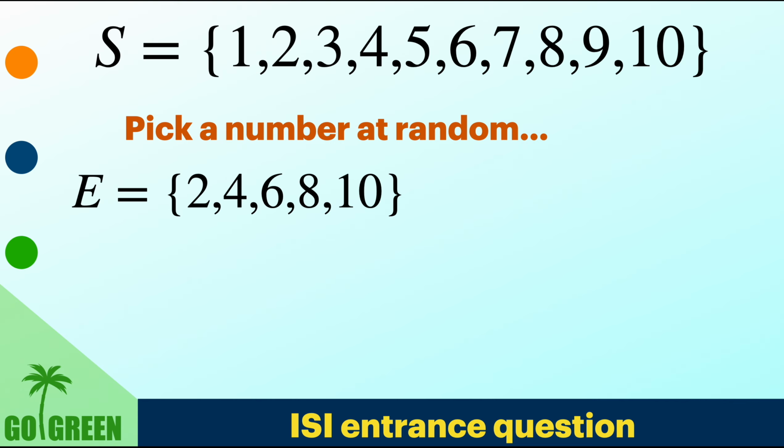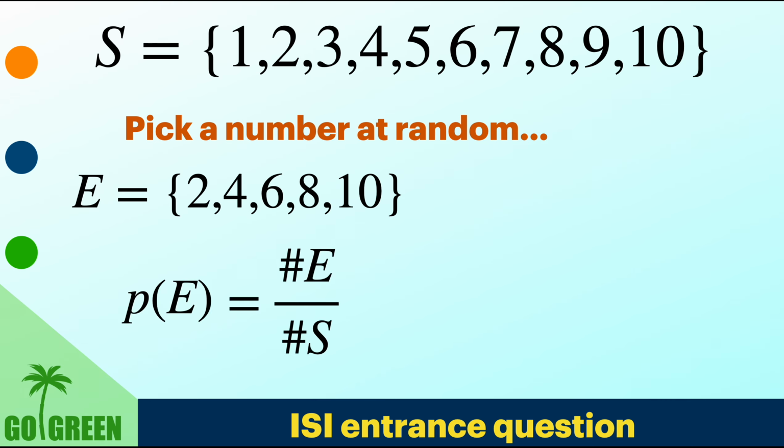So then, what is the probability of this E? The probability of the event E happening is equivalent to the number which you picked being divisible by 2. Fine. So what is the probability of E? The simple formula is the cardinality of E over the cardinality of S. What is the cardinality of E?